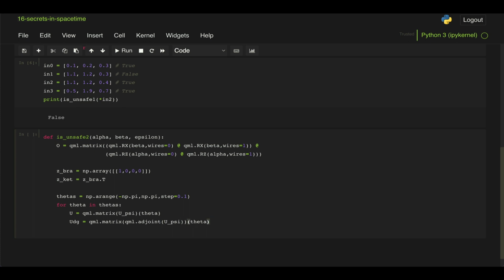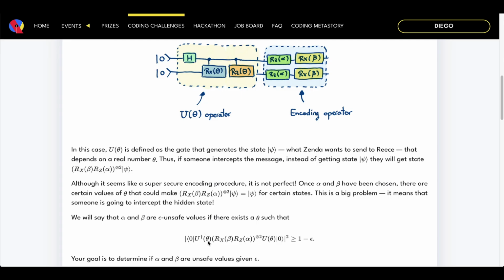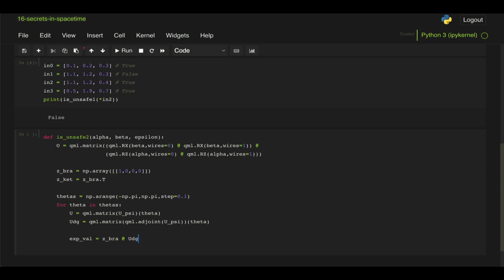And then we can calculate the expectation value just by doing the matrix multiplication of all those components. So the bra of 0, U dagger, the operator of this encoding circuit, which I call O, then U of theta, and the ket of 0, right?